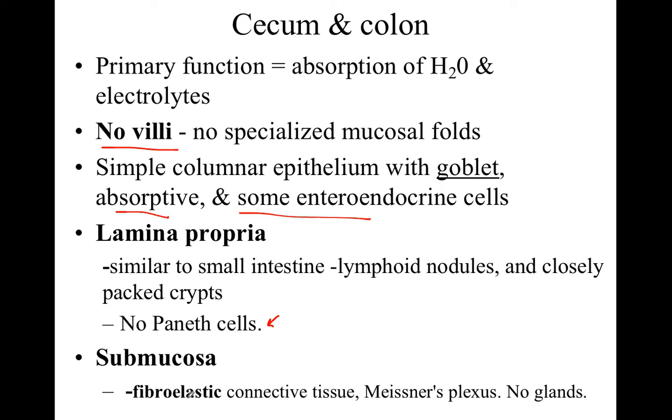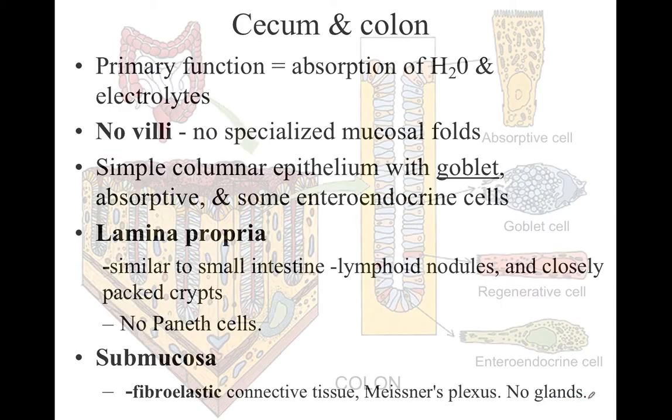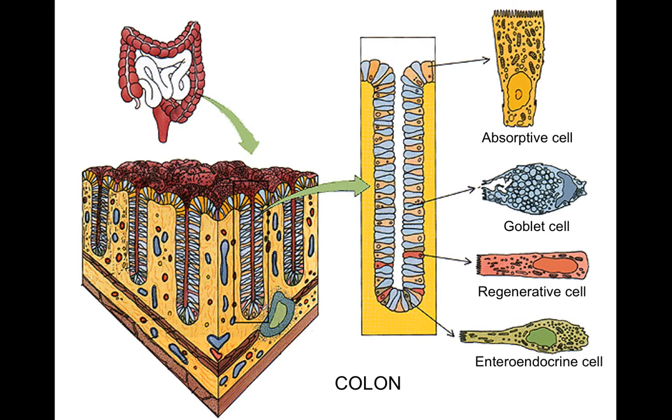In the submucosa, we have fibroelastic connective tissue, and there is no gland in the area of the submucosa. We can see here the typical organ. We have the area of the mucosa. We have the muscularis mucosa, then the area of the submucosa, then the muscularis externa, and finally the serosa.